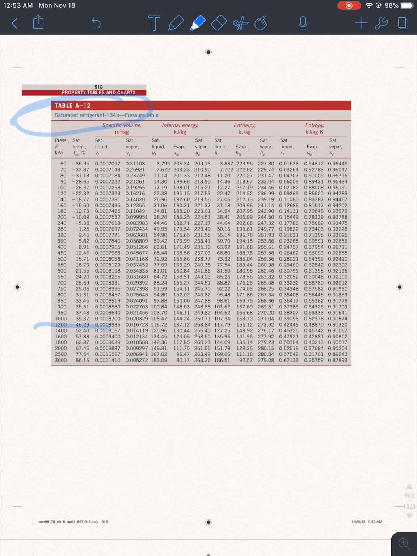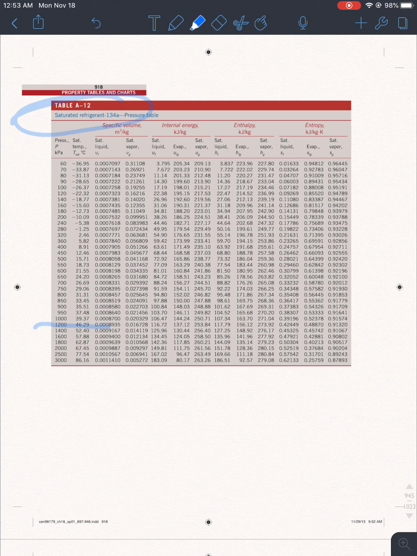Liquid, right. So we're doing this. Hey, it loaded finally. Okay, so we're looking at the saturated refrigerant table.